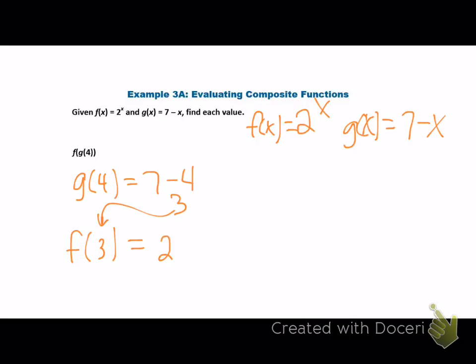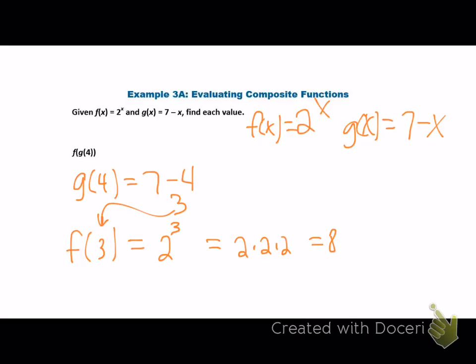That would then give us 2 raised to the third power. 2 to the third power is 8. 2 times 2 times 2, which is 8. Okay? And that's it.